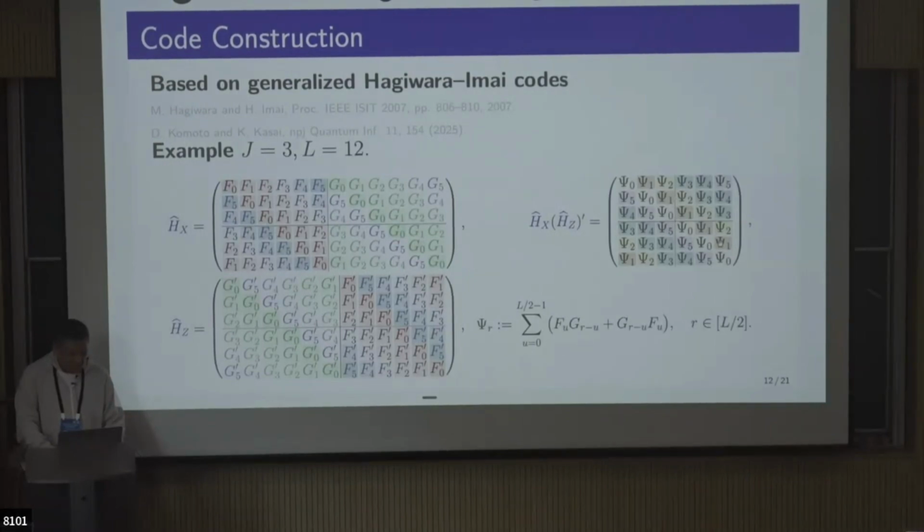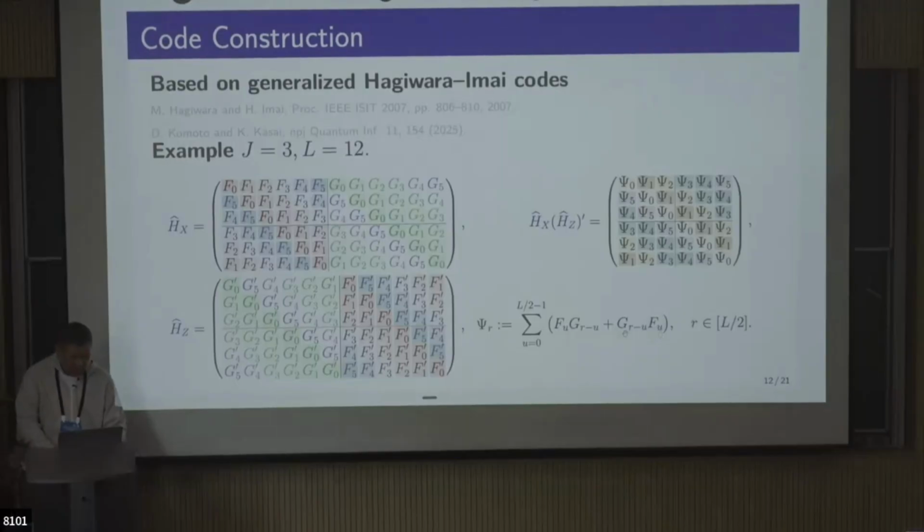So the orthogonality calculation does not become one large arbitrary matrix calculation. It reduces to checking one block psi r for each cyclic offset r. This is the parent product, and each building block is psi r. Psi r is the sum of F_u G_{r-u} plus G_{r-u} F_u.